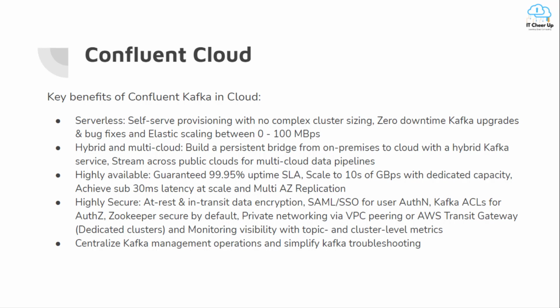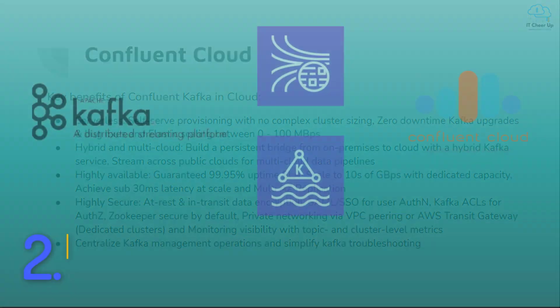It centralizes Kafka management operations and simplifies Kafka troubleshooting, with very impressive tools such as the GUI-based Confluent Control Center, Confluent Replicator to manage replication of data and topic configuration between data centers, Confluent Auto Data Balancer, monitoring and management reporters, etc.